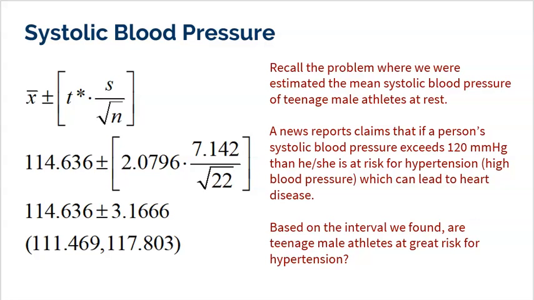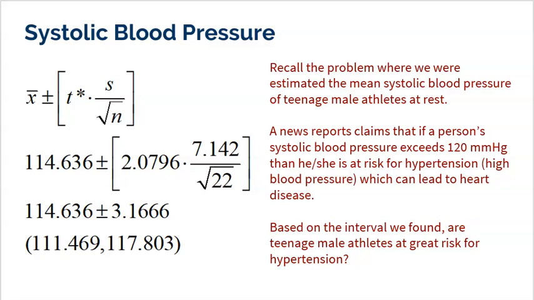Any one teenager could have a blood pressure over 120. We're talking about the group as a whole, the mean. A blanket statement: teenage male athletes as a group should not be concerned because 120 is not in my interval. I'm entirely below it. However, that doesn't mean that any one single kid could not potentially have high blood pressure, because that's an individual. We're talking about a mean here.